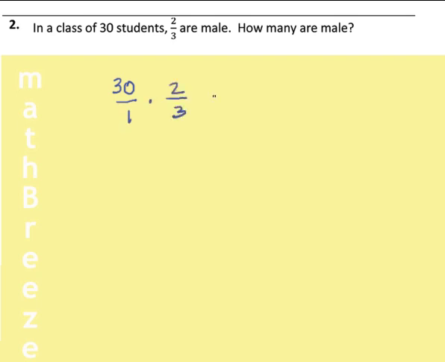So that's the mathematical method. If we want to find 2/3 of 30, we multiply by 2/3. So let's do that. Here I'm just going to reduce. And we have 20 over 1, or 20, like we said before.